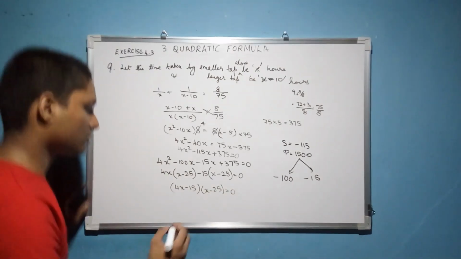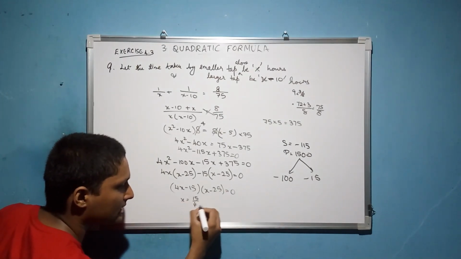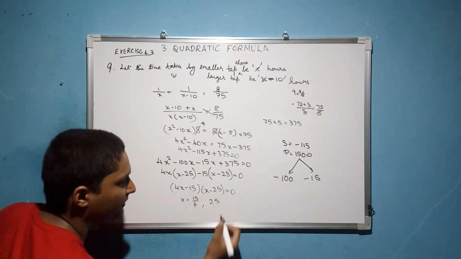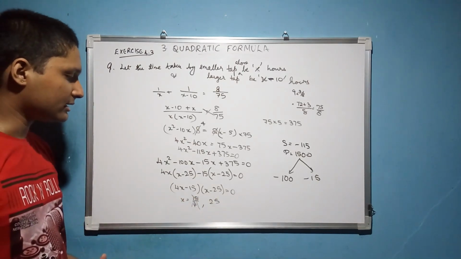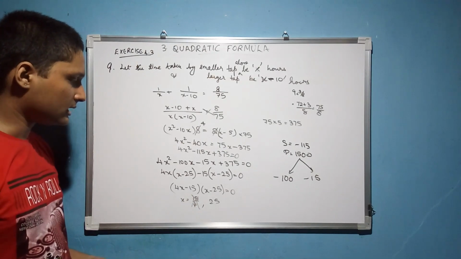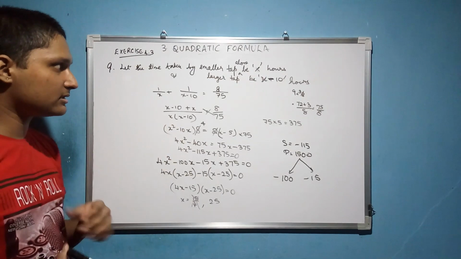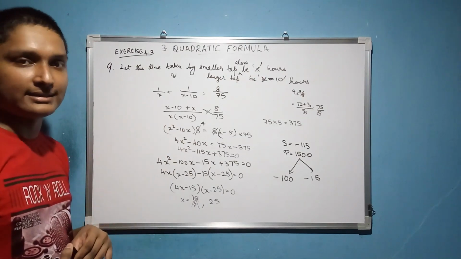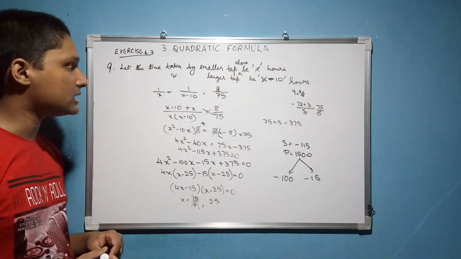So x is 15 by 4 in the first case and it is going to be 25 in the second. Maybe 15 by 4 is not going to work out here, because you need 10 hours extra and you are not going to get that answer from it. So here you are going to get x is equal to 25 as the answer.